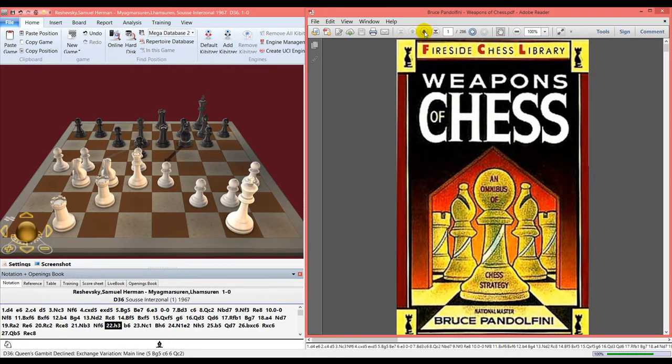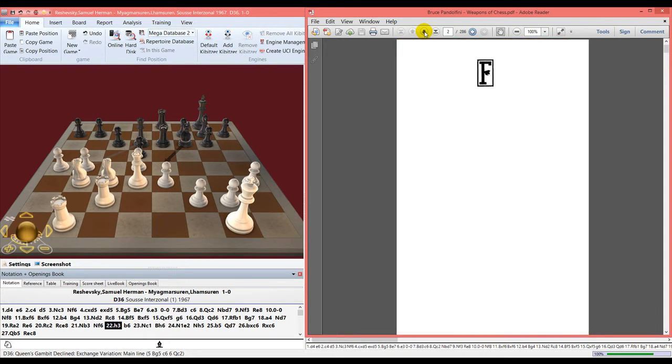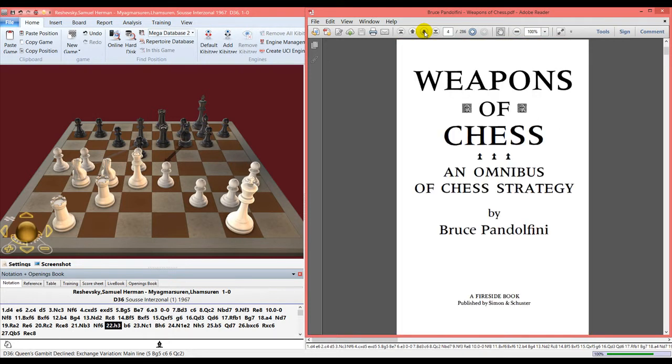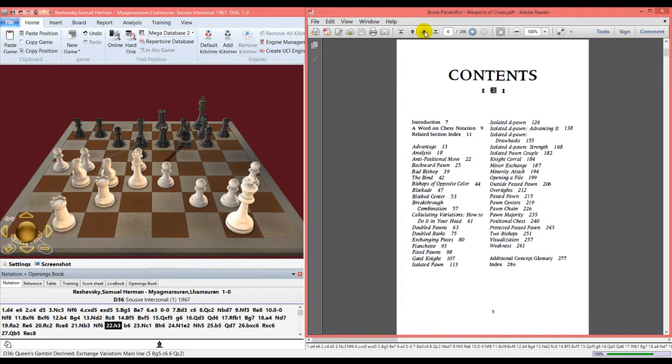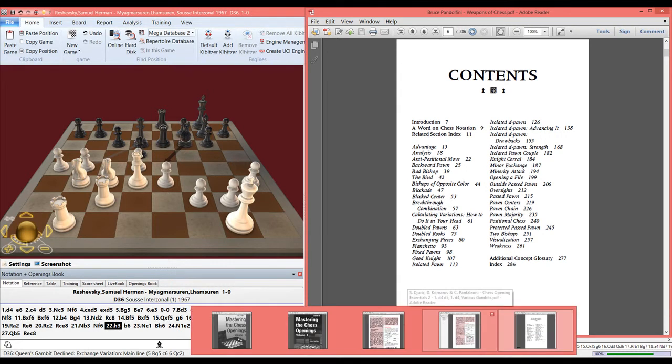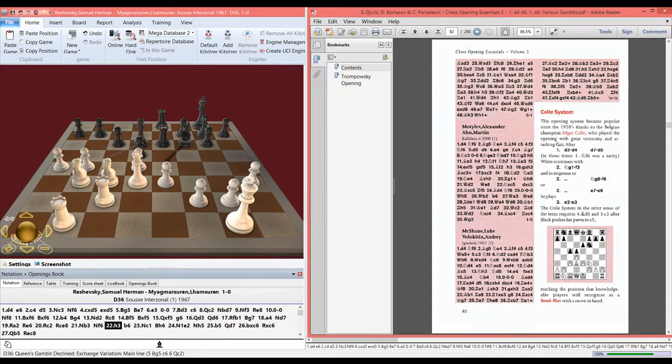Oh, there's another part I want you guys to take a look at on here. It's the minority attack. Let's go ahead and pull that up. Like I was saying, in the Queen's Gambit Declined exchange variation, that's used a lot.